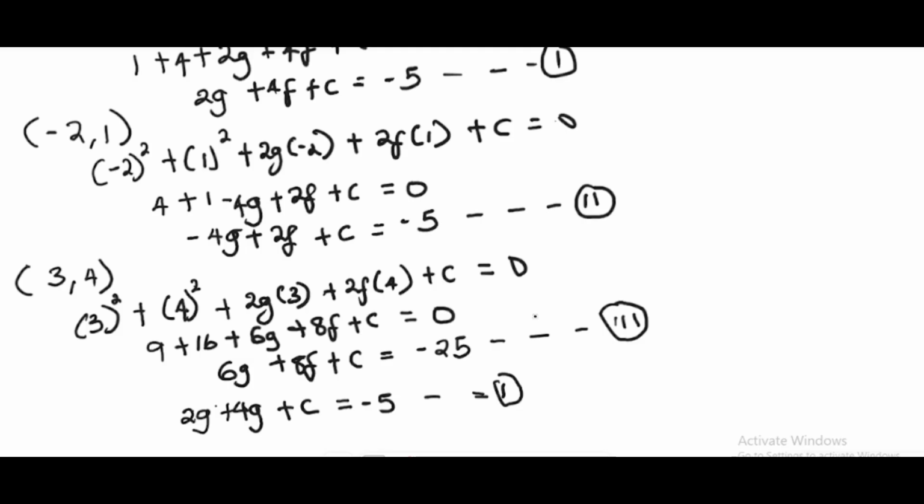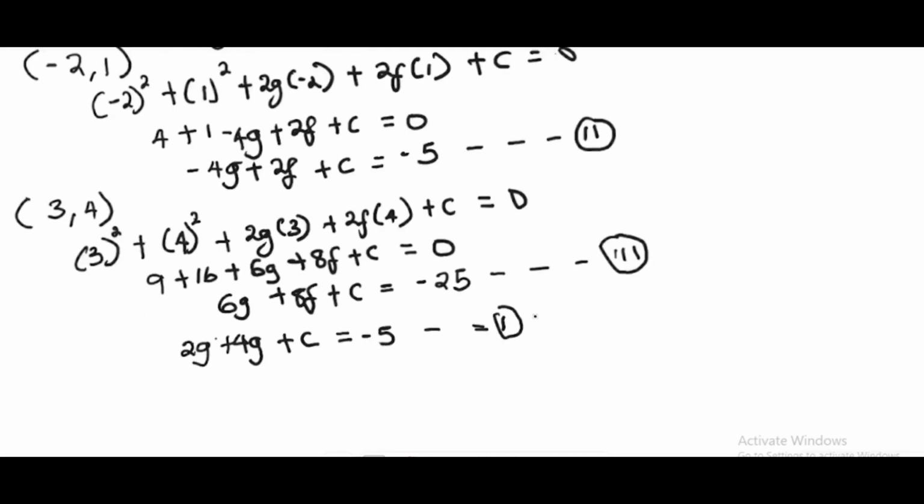Then for the second equation, we had minus 4g plus 2f plus c to be equal to minus 5. I'm just writing out the 3 equations so that we can see them at once and then know what to do. And then the last one, 6g plus 8f plus c is equal to minus 25. So this is our third equation, right?